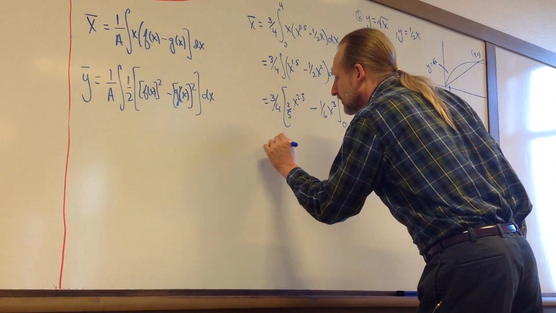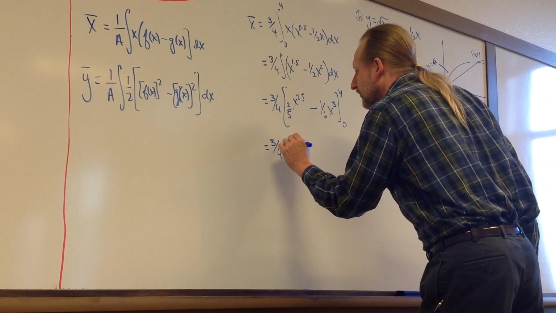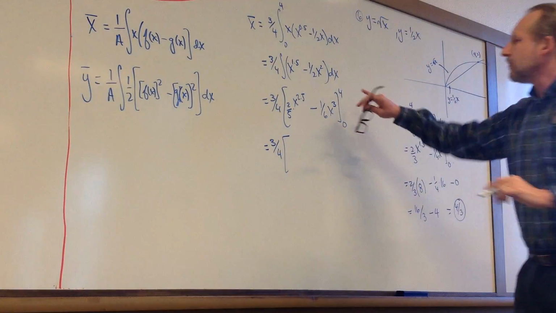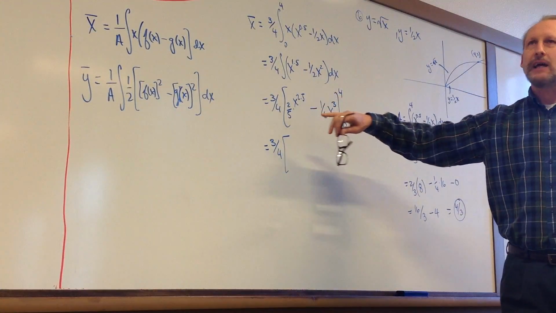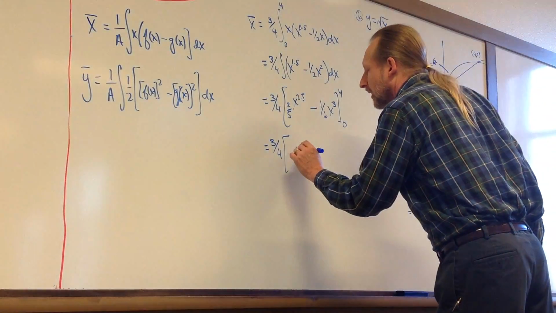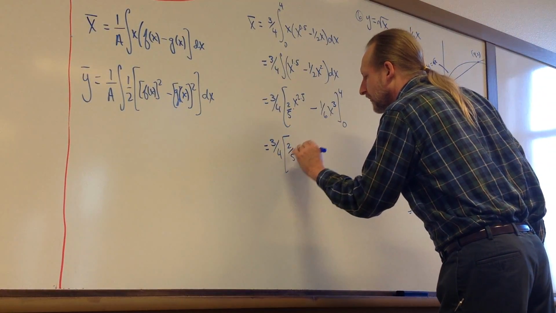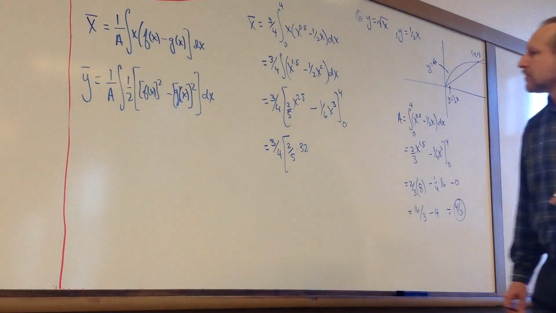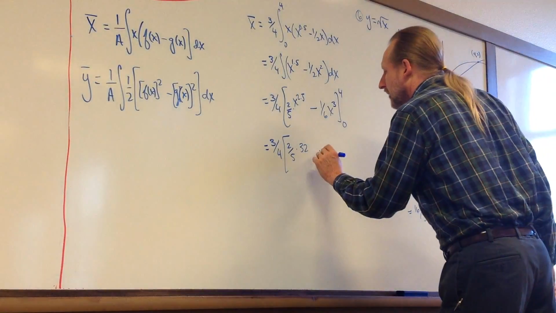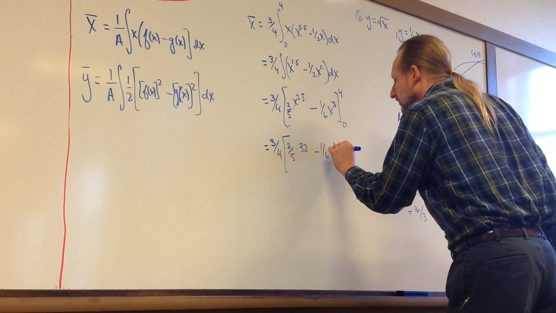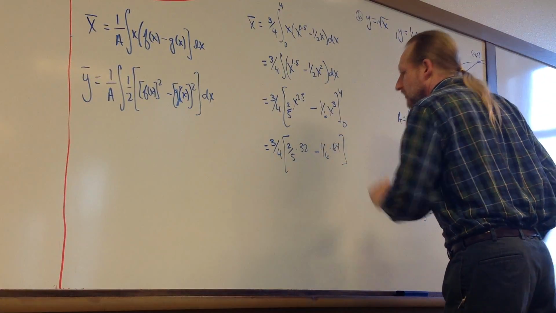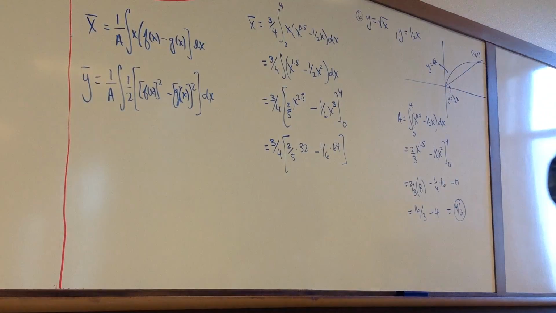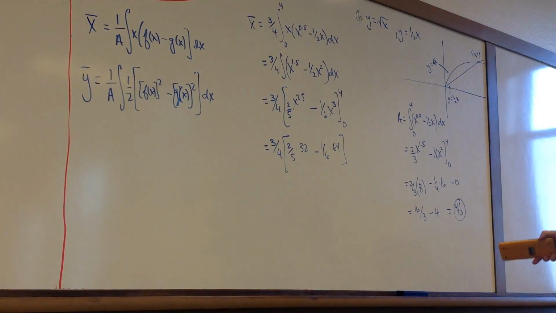Okay. So let's see here, 3/4, and then 4 to the 5/2 power, I think that's going to be 2/5 times 32. Okay, and then minus 1/6 times 64. So let's see what we get out of this.